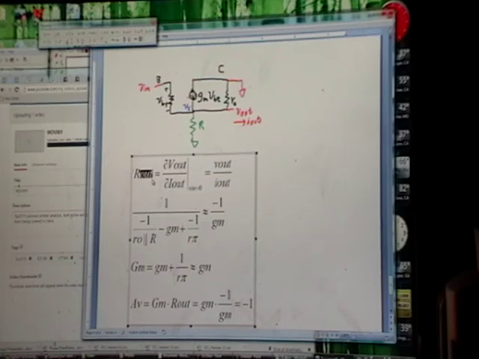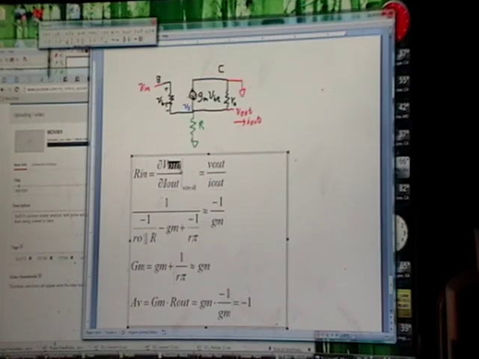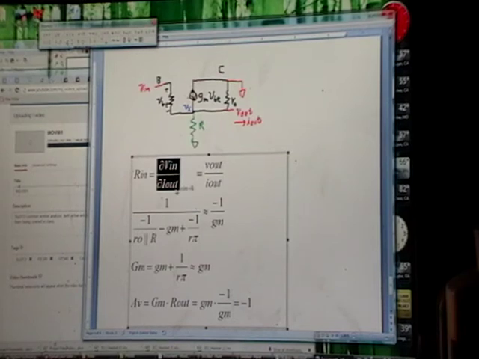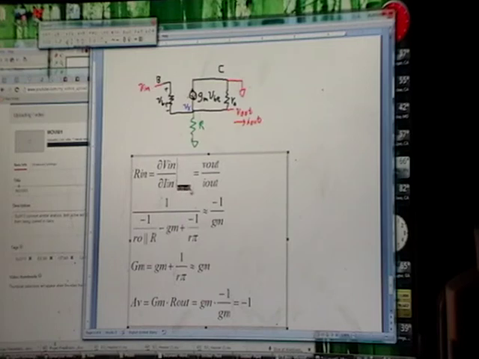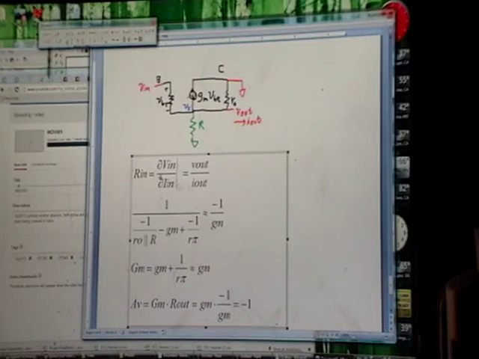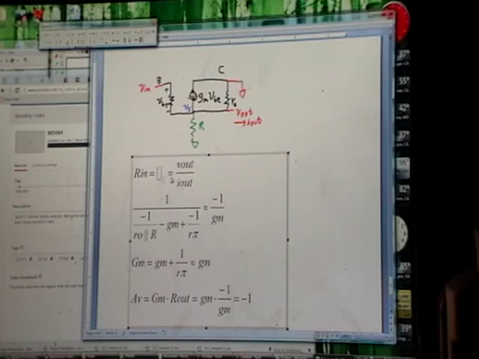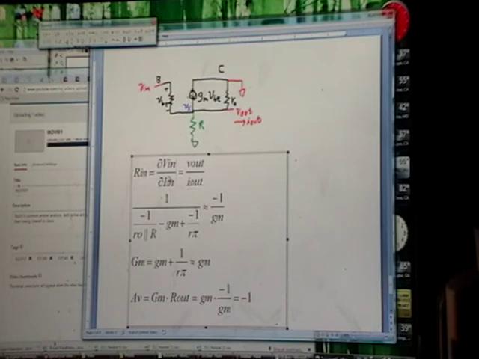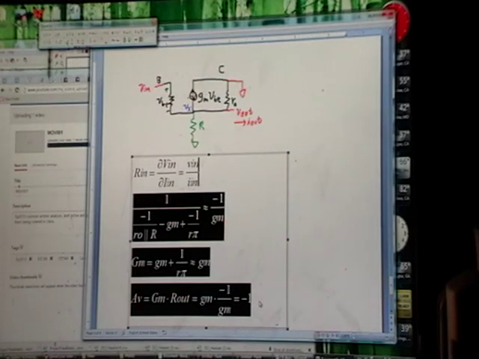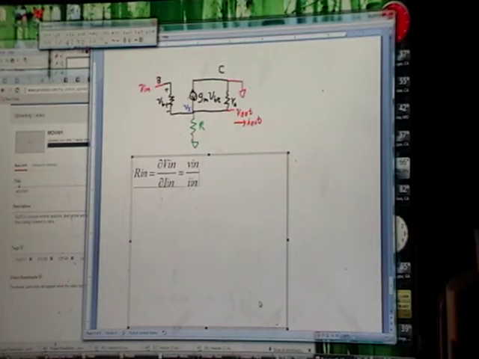Rn is V in over I in, but unfortunately you don't get to do anything here. That disappears. Okay, which means V in over I in. So that's the way you would have to go about finding the equation for Rn.